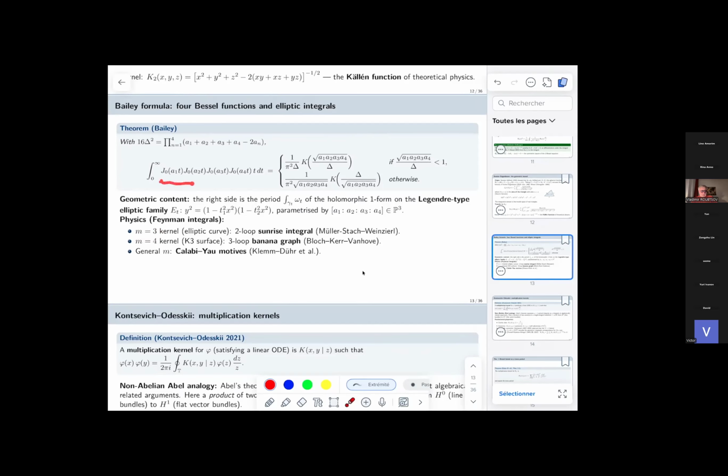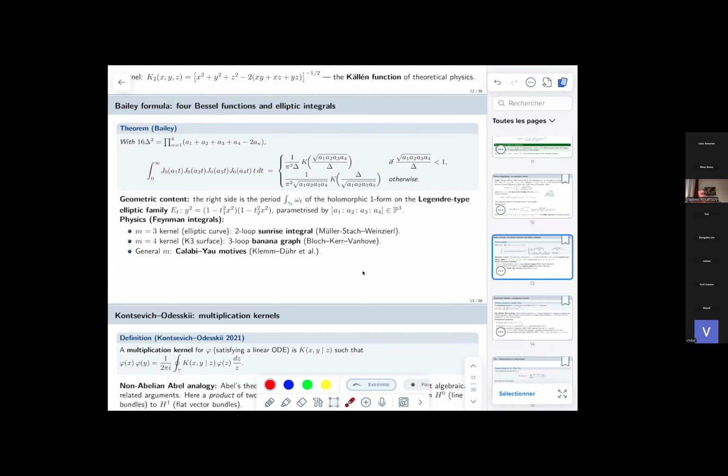You have this product of 4 with this measure t dt, and this product of 4 gives you a very nice elliptic integral, which also depends on the parameters A1, A2, A3. This kind of product of Bessel integrals appears, as I told you, in the so-called banana graph Feynman integrals.